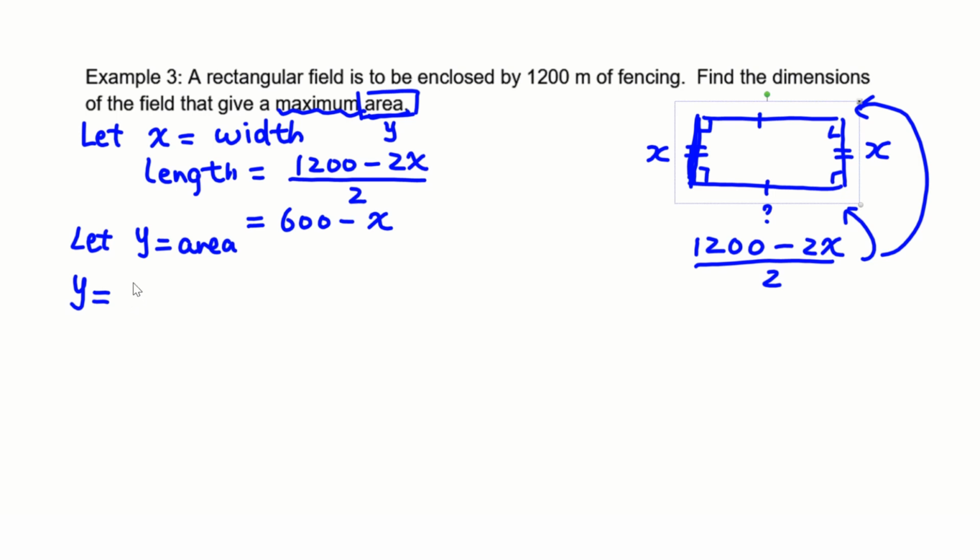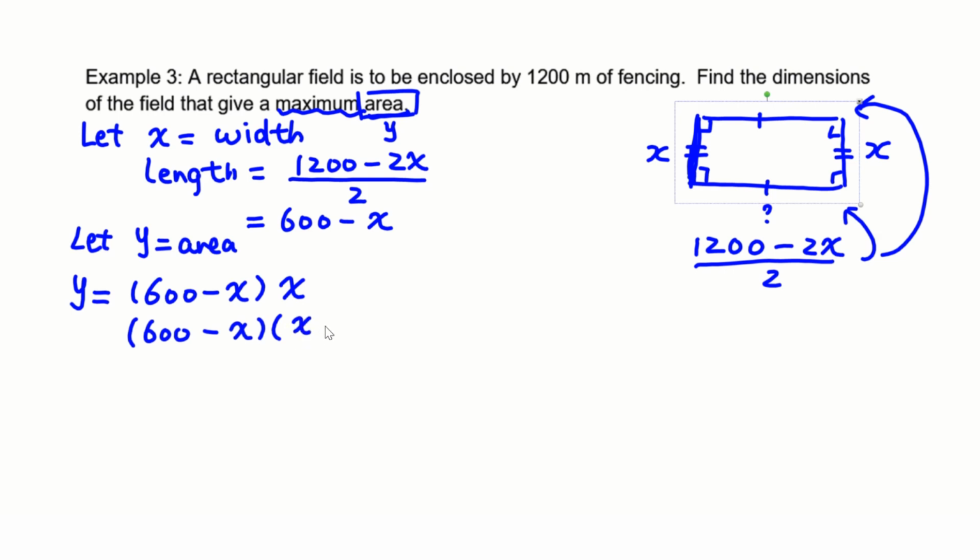Then length is 600 minus x, then times the width is x. So this one is a factored form. So we could rewrite this one as 600 take away x, then times x.